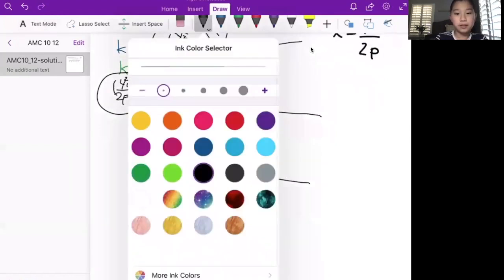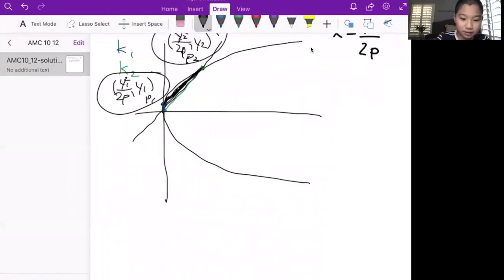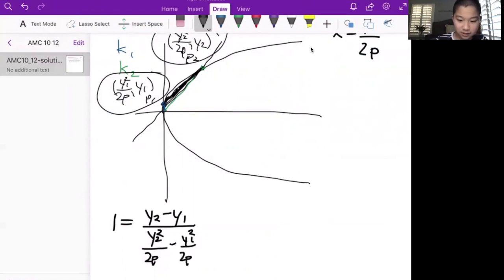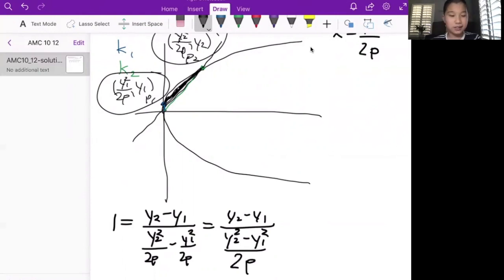The slope is equal to 1, but the slope is also equal to y2 minus y1, the change in y's, over the change in x, y2 squared over 2p minus y1 squared over 2p. You can combine these two fractions to get y2 squared minus y1 squared over 2p.